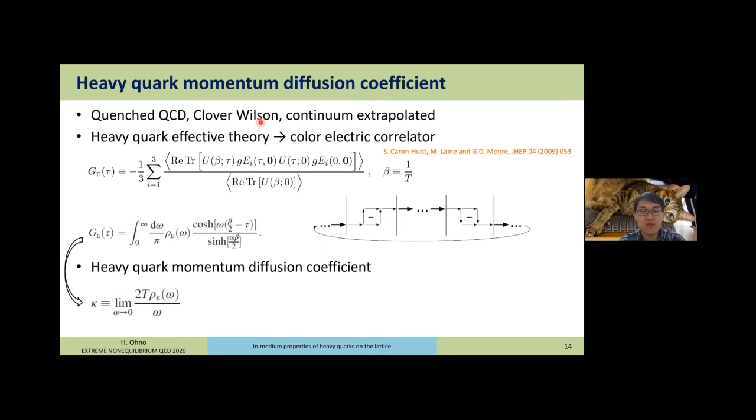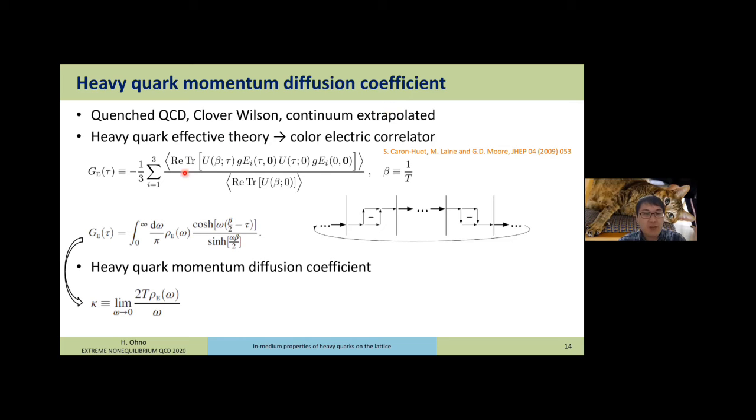That allows us to carry out a reliable continuum extrapolation. So this is the first result for the quenched QCD calculation using a continuum extrapolated correlation function.